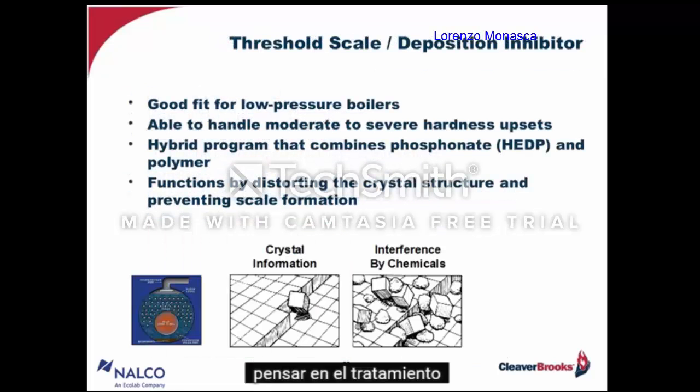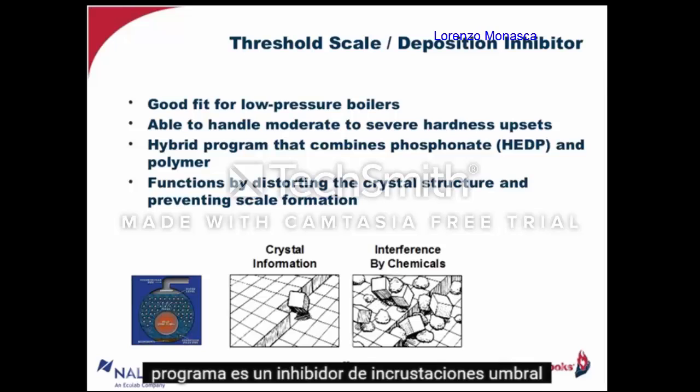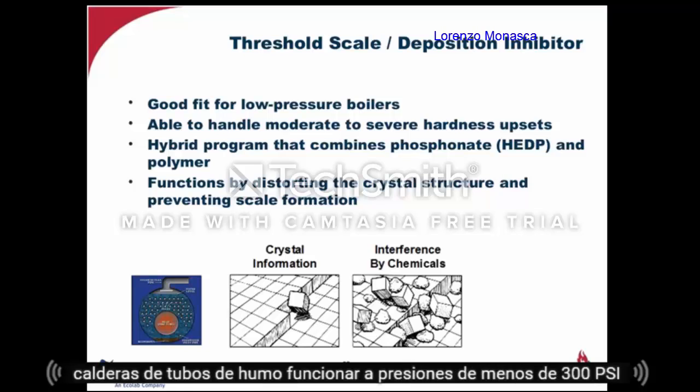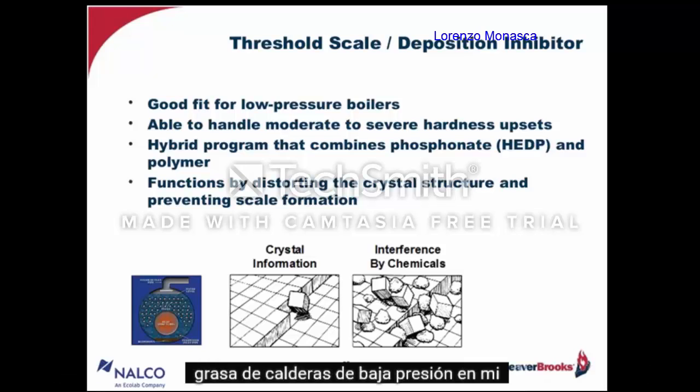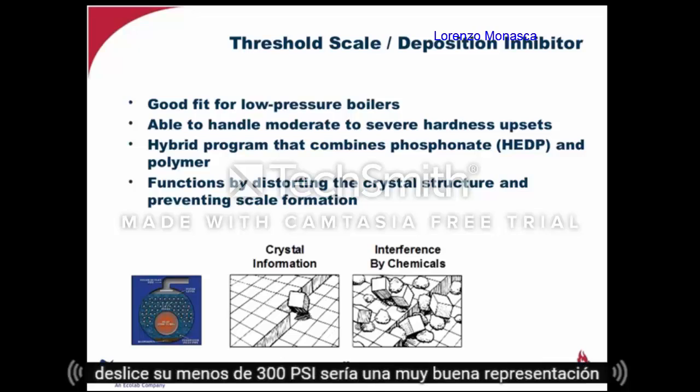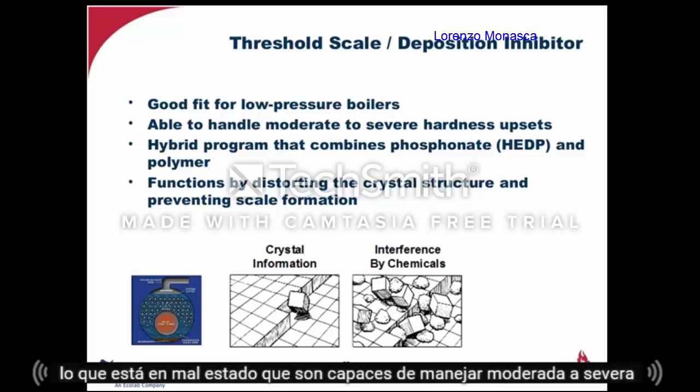So another type of treatment program is a threshold scale inhibitor. And these programs are a very good fit for fire tube boilers operating at pressures less than 300 psi. I've got low pressure boiler in my slide there, but less than 300 psi would be a very good representation of what is meant.